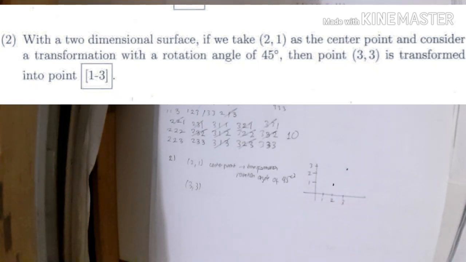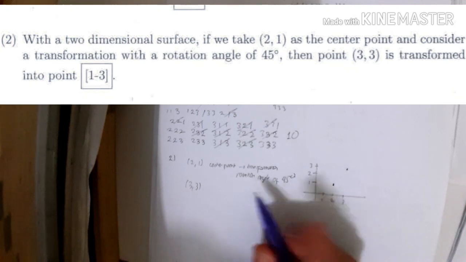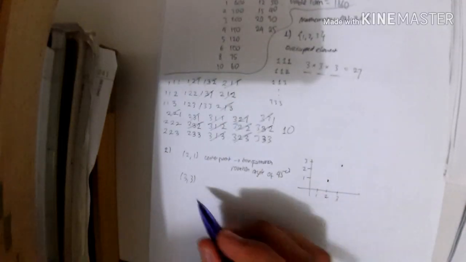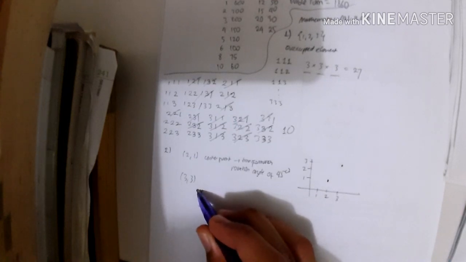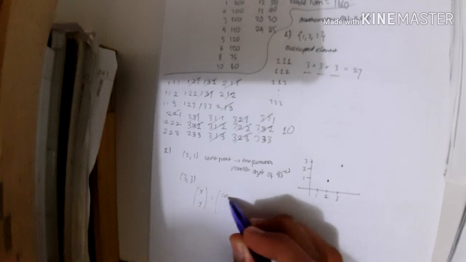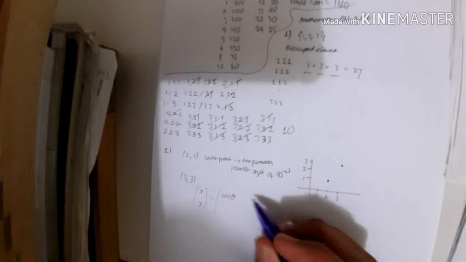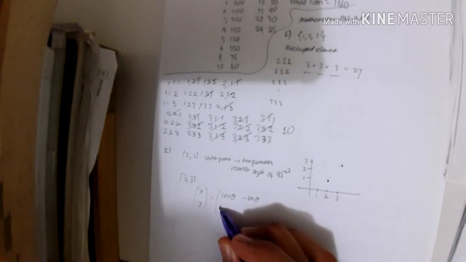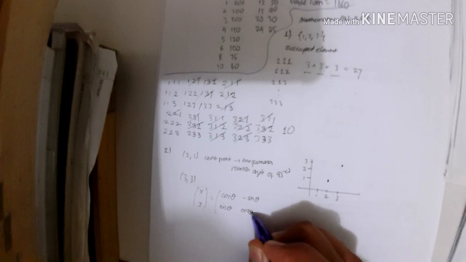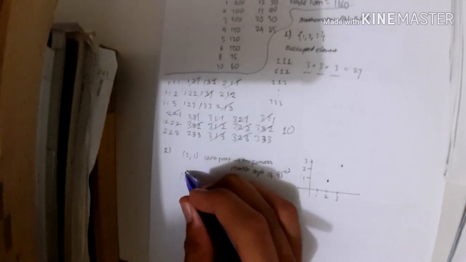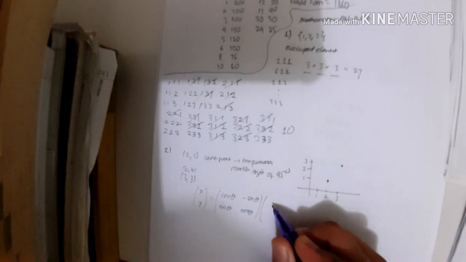So how do we do that? There is actually a formula for it. Let the result be the point (x, y). Then (x, y) equals the matrix with rows cosine theta, minus sine theta, and sine theta, cosine theta, where theta is the rotation angle, multiplied by the point we want to rotate, (a, b).